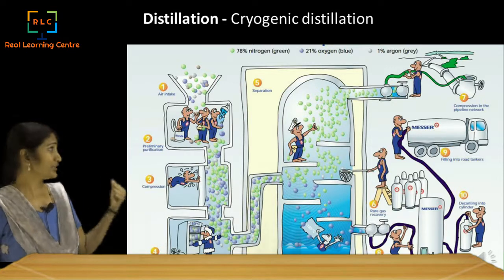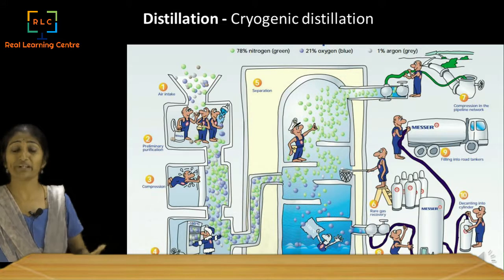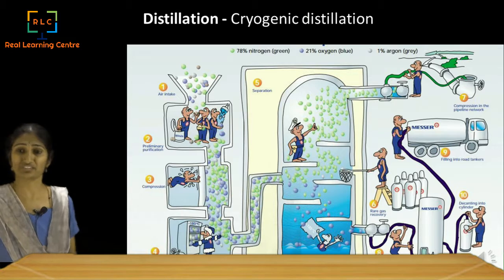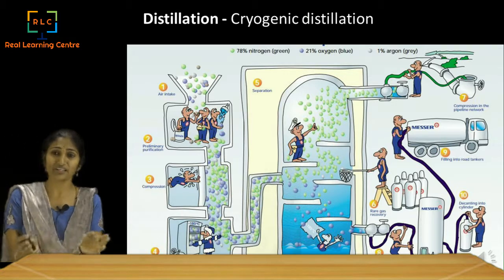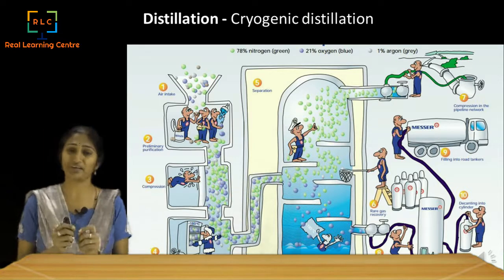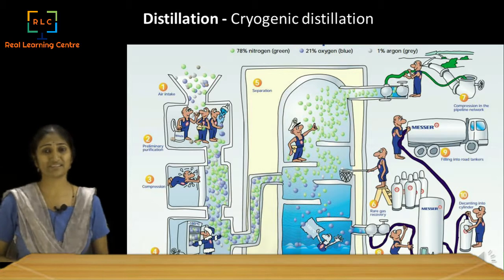This is the best way to separate oxygen, which liquefies at around minus 183 degrees, and nitrogen, which liquefies at minus 196. So the differences in the temperatures at which they liquefy is the nodal point here for distillation.